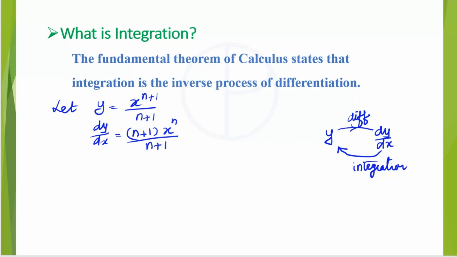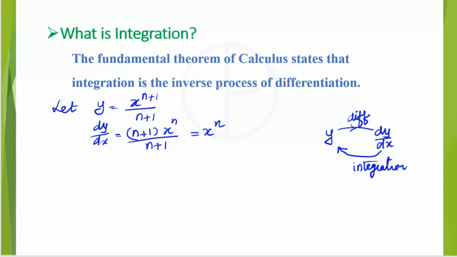So you will get dy/dx equal to x^n. So when dy/dx is x^n, we can say y is equal to x^(n+1) divided by n+1 plus c, where c is a constant.